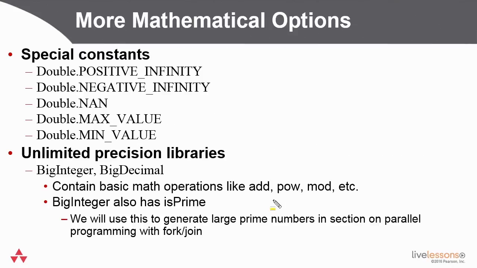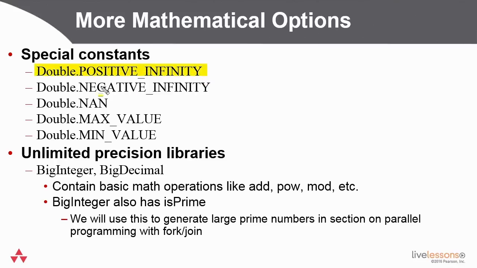There are also some special constants. In the IEEE floating point specification, it says that numeric operations on floating point numbers, doubles, cannot give an error. So what happens if you take 3 and you divide it by 0? Well, the answer is it returns a constant you can still assign to a double called positive infinity.